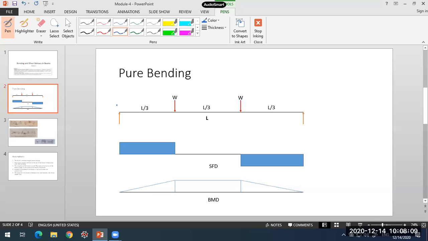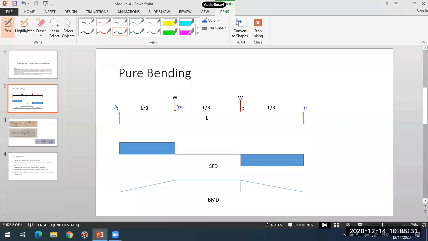You can see here the first load is at a distance of L by 3, and the second load, applied at point C, is at 2L by 3 from the end A.